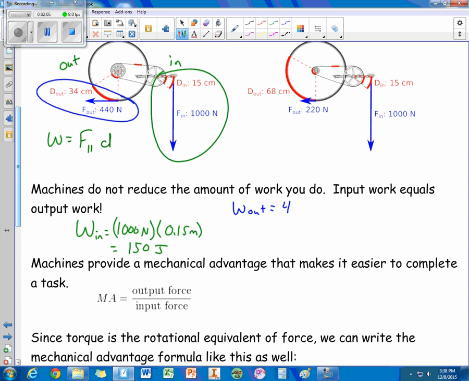So I have 440 newtons times 0.34 meters. That equals 149.6 joules. So we see that it's a little less, but it's only 4/10 of a joule less. So it's practically the same.